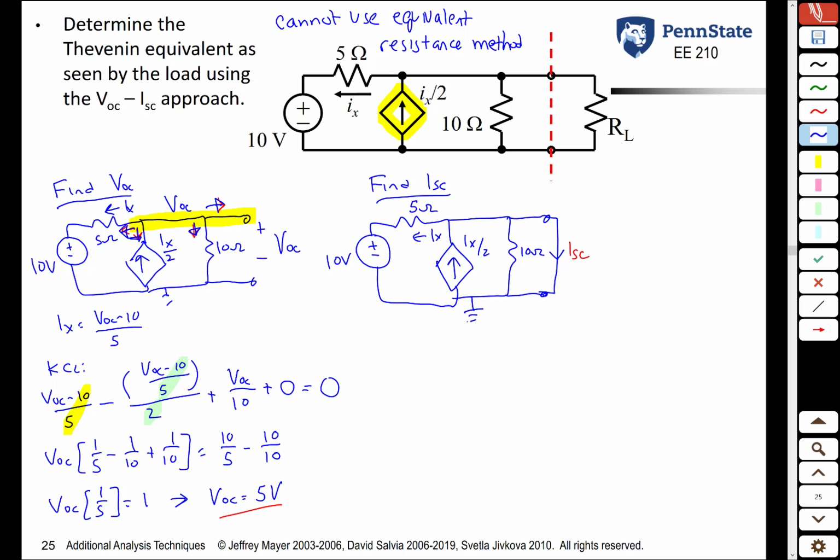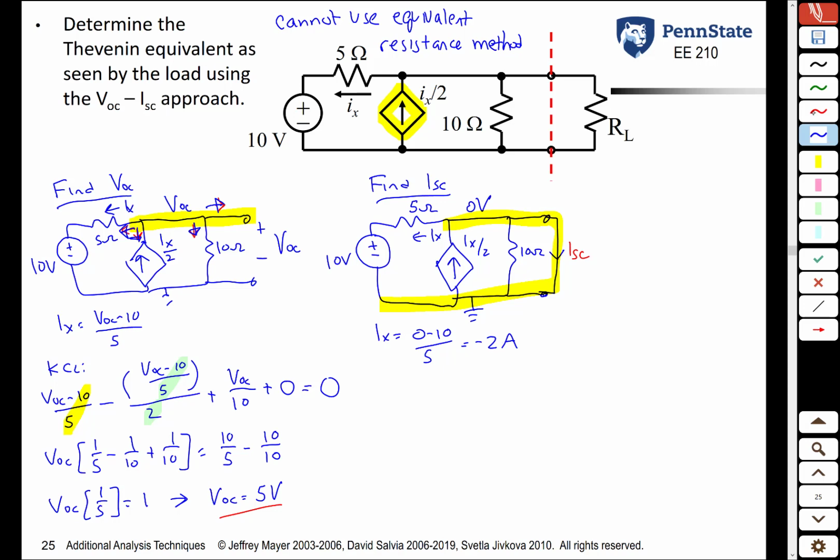This is actually an even simpler circuit. Because of the short circuit, the voltage all along here is going to be 0 volts. So let's analyze this. What is Ix now? Ix now is 0 volts minus 10 volts over 5 ohms, or minus 2 amps.